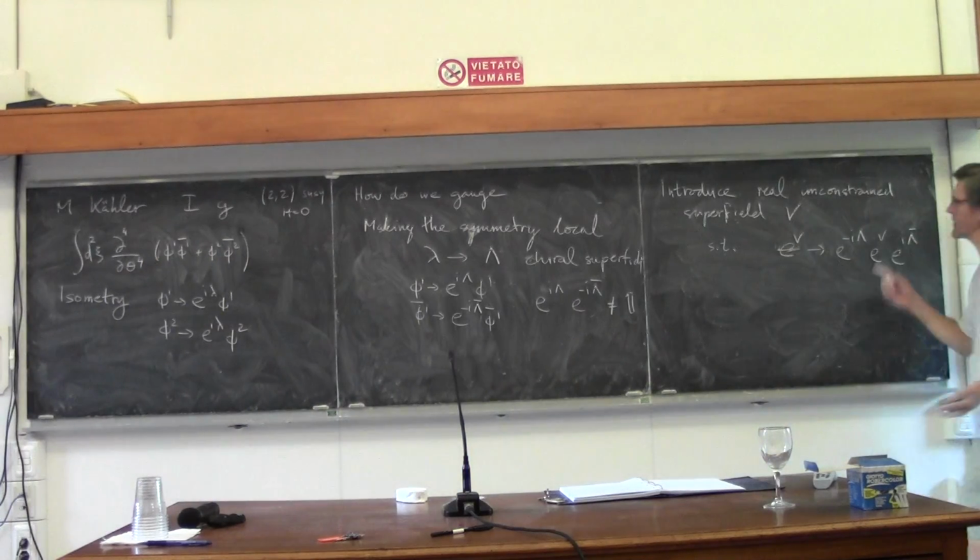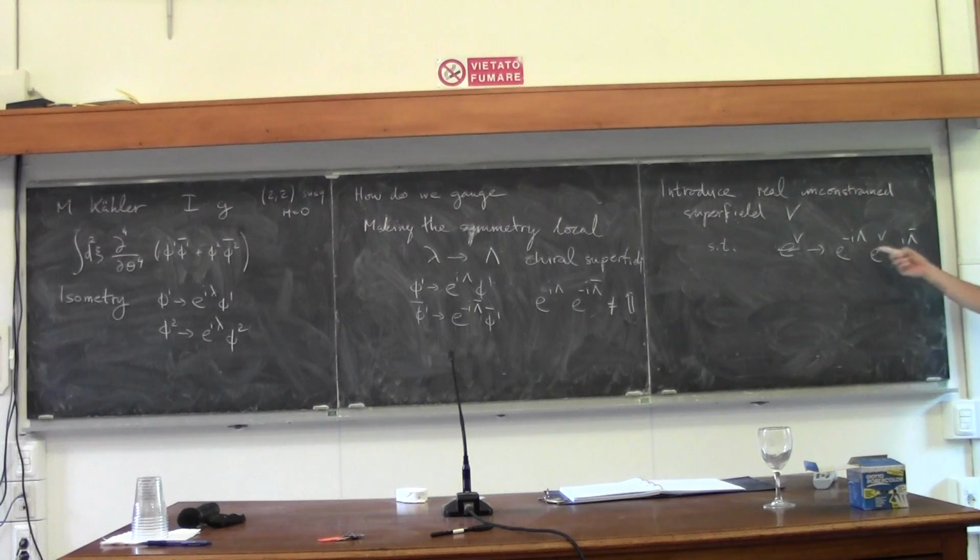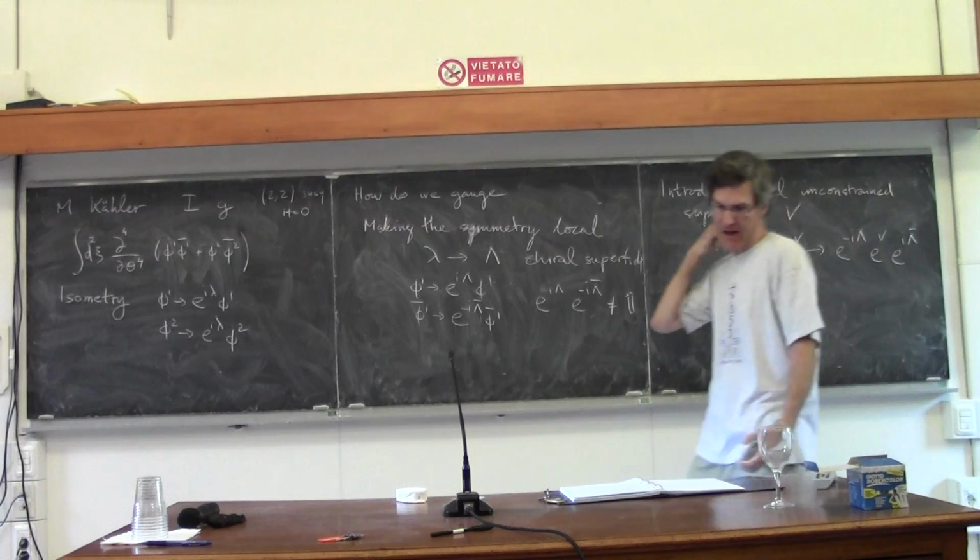And it needs to be unconstrained because otherwise any constraints will be violated by these transformation properties, where we have a chiral and an anti-chiral field.